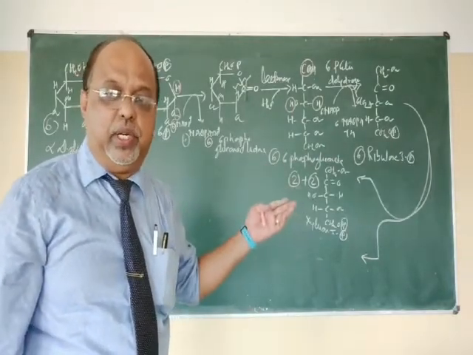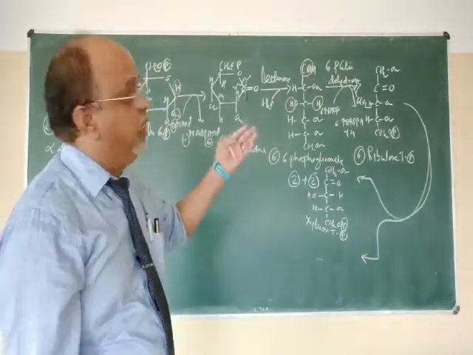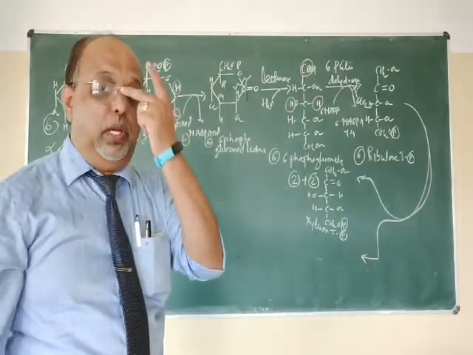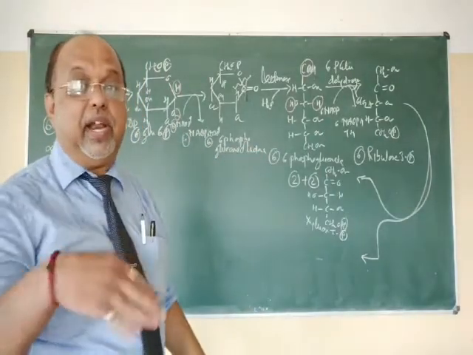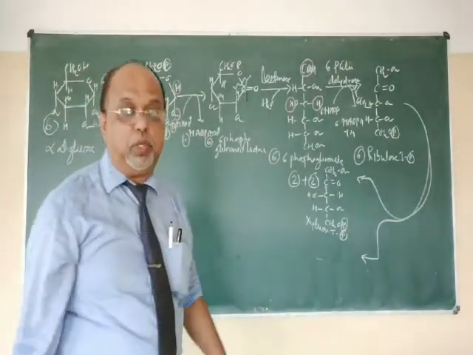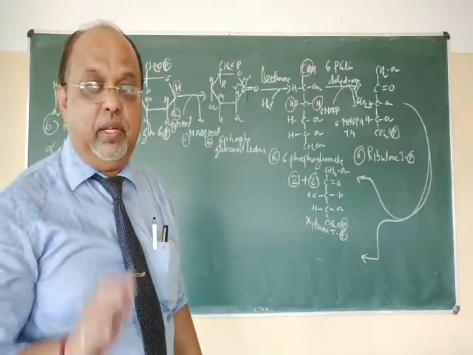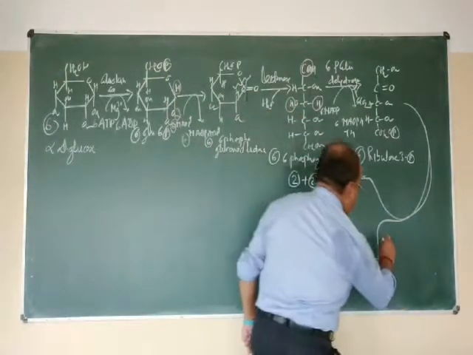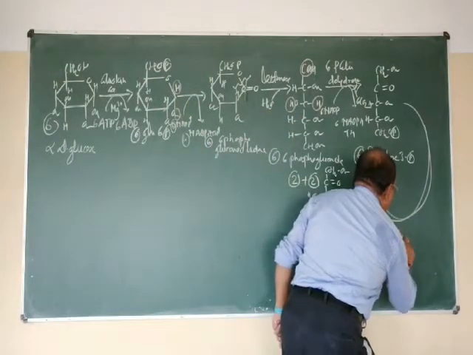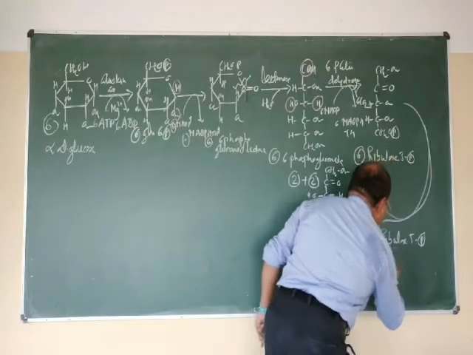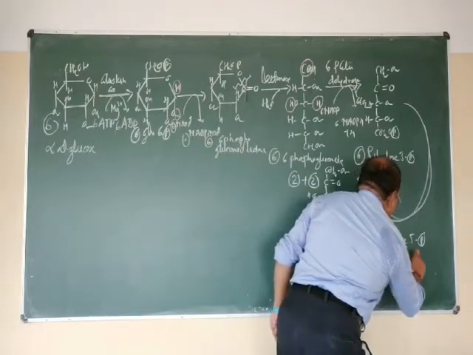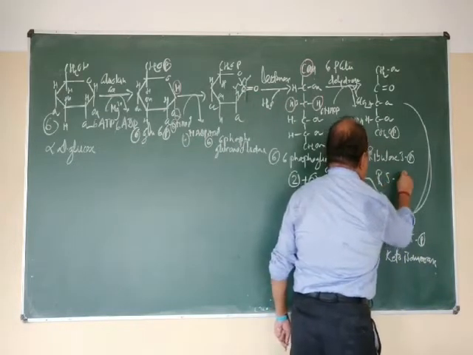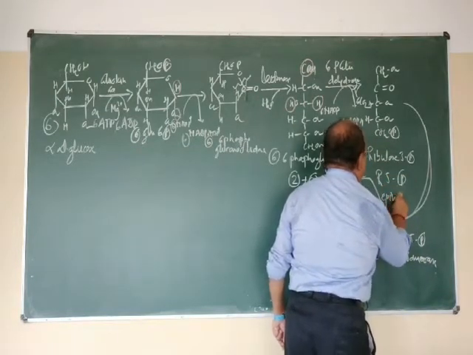Ribulose is a ketonic sugar, and ribose is what? Aldehydic sugar. So the remaining 2 molecules are isomerized to ribose 5-phosphate by the enzyme ribulose 5-phosphate ketoisomerase, and here it is ribulose 5-phosphate epimerase.